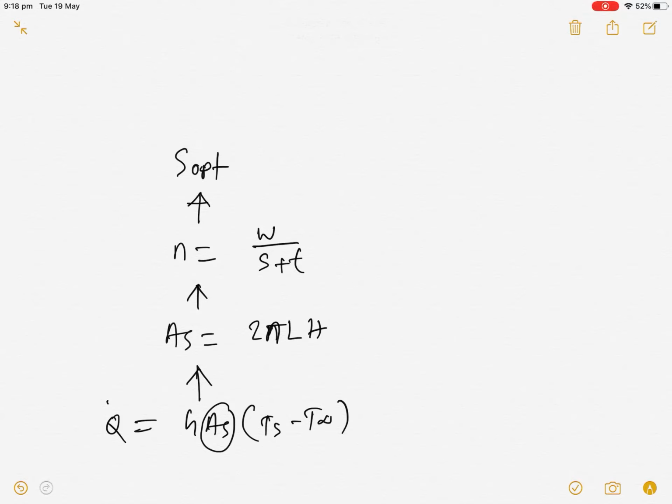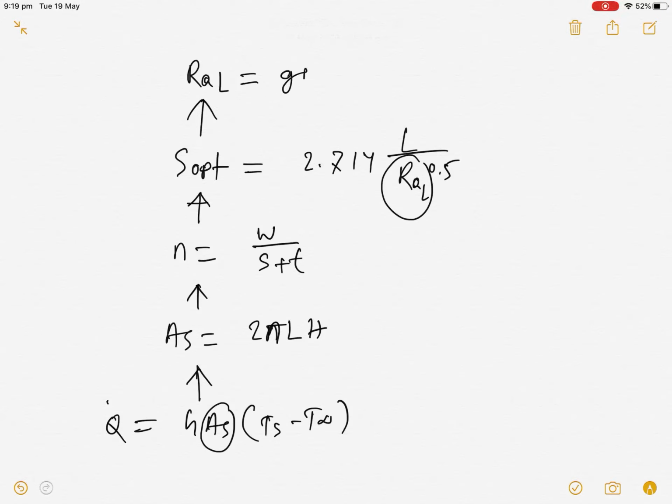So we will calculate the spacing, S_opt. It is a formula from the literature: 2.714 L over the Rayleigh number to the power 0.5. So to get this, we need the Rayleigh number, Ra_L.